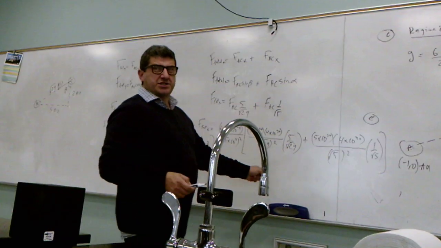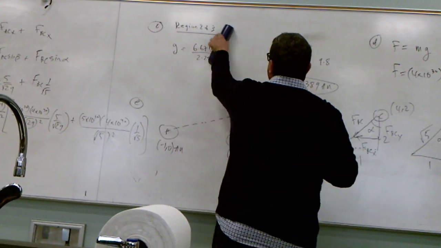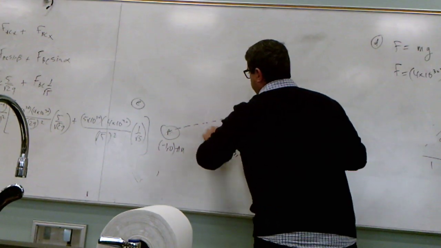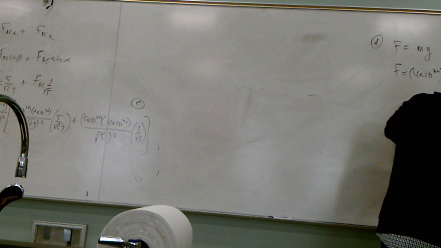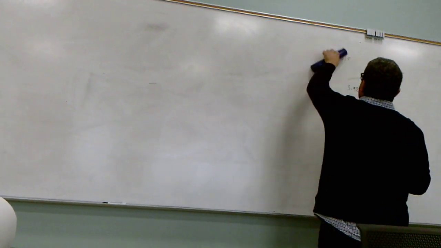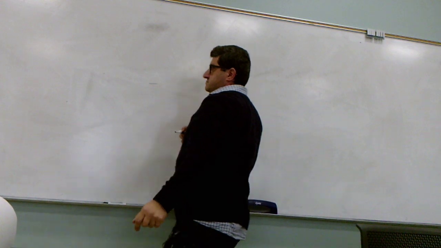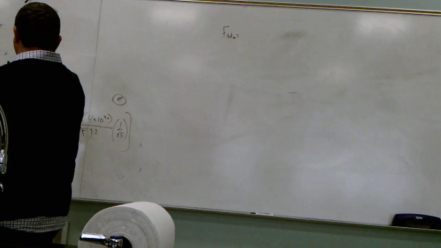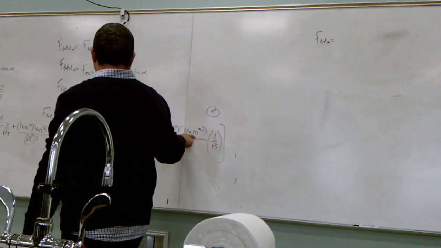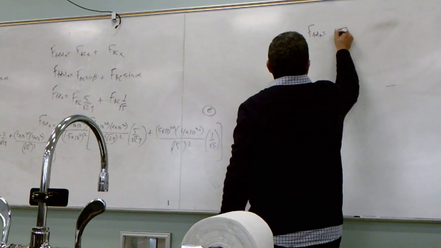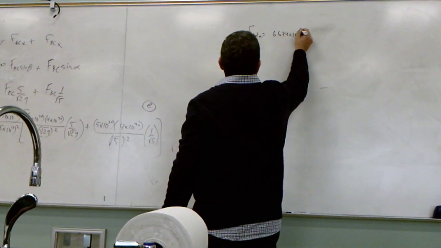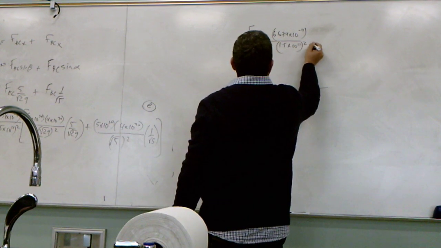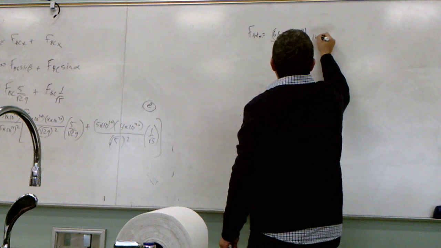Okay, after this it's just a matter of factoring out and simplifying. Now comes the algebra portion of it, to do it correctly. F total x is going to be, I can factor out 10 to the 60th.